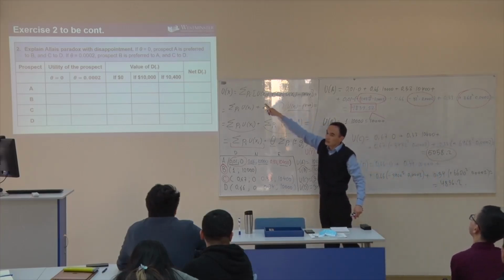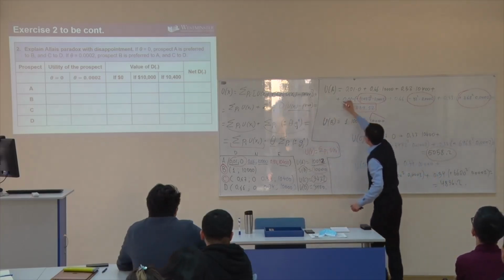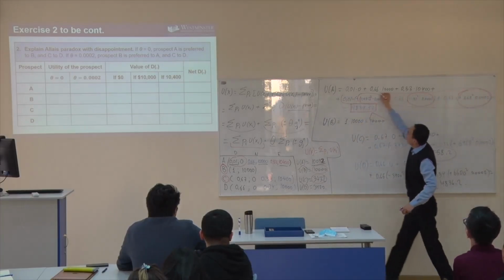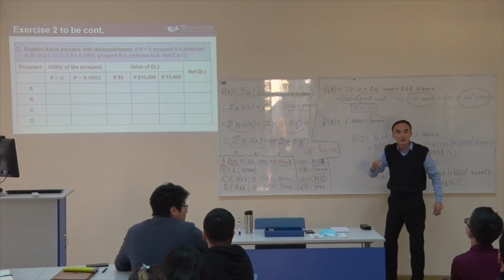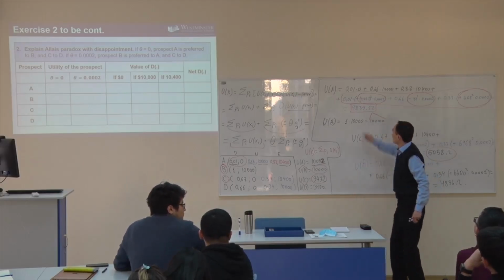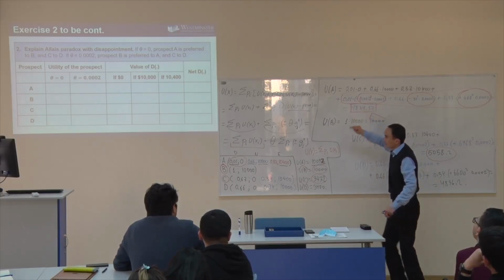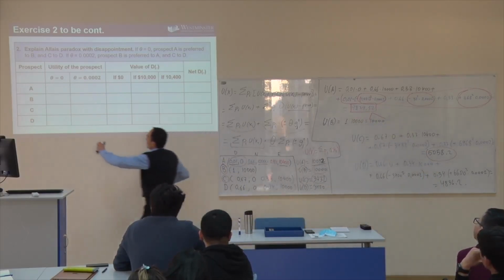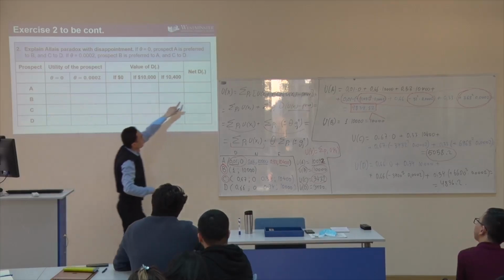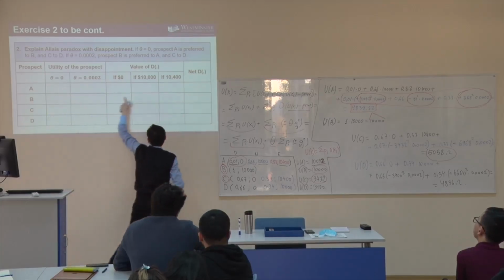Net disappointment, it means it represents all this, with all probabilities, okay? What about the calculation, the last one? 9,800, then it will be this expected utility, this one, plus this net. It will give you this number.